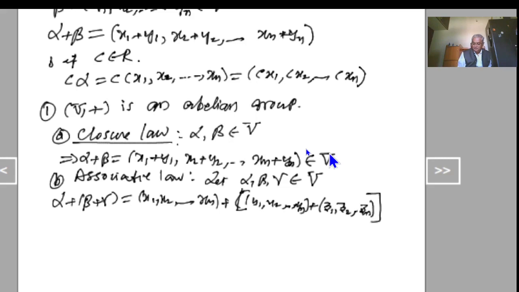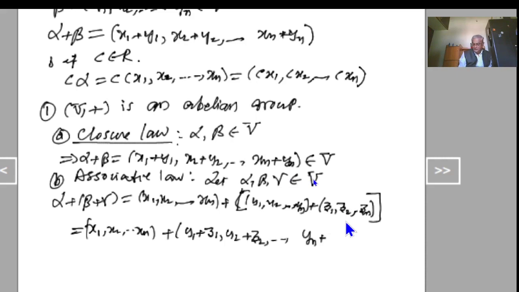And this is equal to (x1, x2, ..., xn) plus, we add these two vectors here, this is nothing but (y1 plus z1, y2 plus z2, ..., yn plus zn), right?